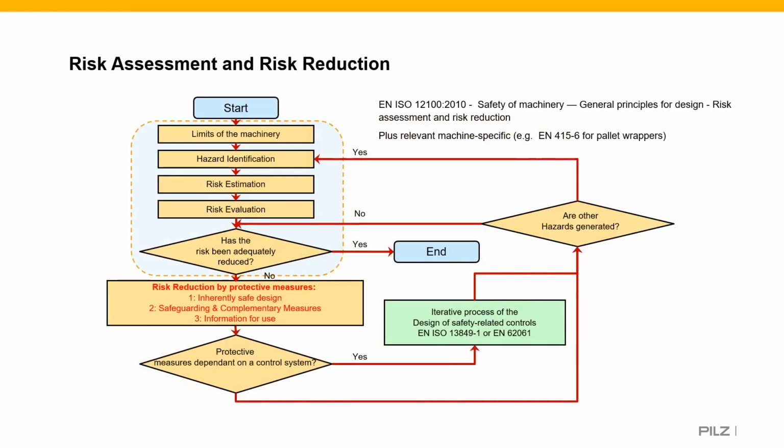So in line with 12100, if the risk has not been adequately reduced, then we look at risk reduction by protective measures. First, we go to inherently safe design measures, and then we look at safeguarding and complementary measures, which is why we're looking at 14119 and where interlocks sit, and then finally we'd have information for use.